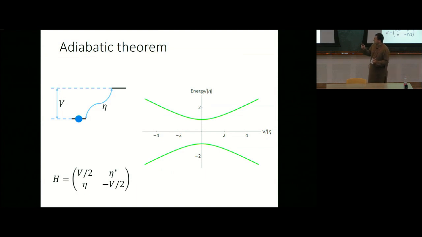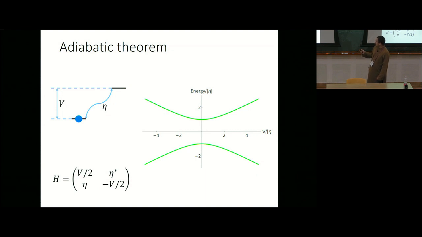And the particular system I'm going to be using a lot in this talk is a two-level system, a very simple system. I have two levels at different energies, separated by energy V, and a particle, an electron or some other particle, can be either at one of the levels or the other level, and there is some tunneling amplitude eta between the levels.